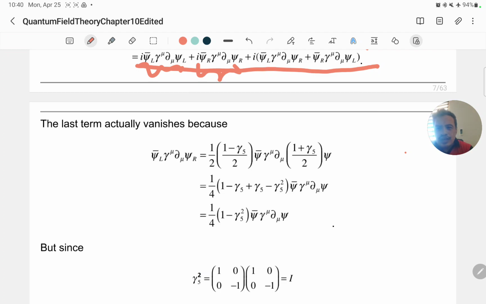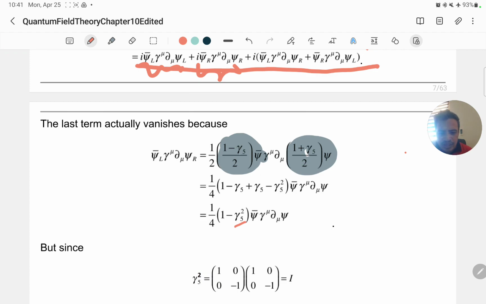So in that particular expanded Lagrangian, the last term will actually vanish, because if you replace the expression of psi L with this and your psi R with this one, you will just come up with 0, because this is just an identity.